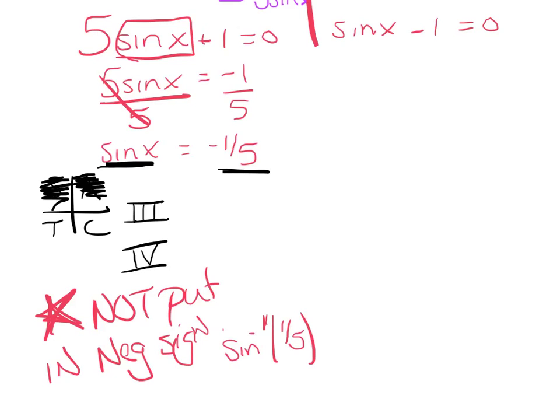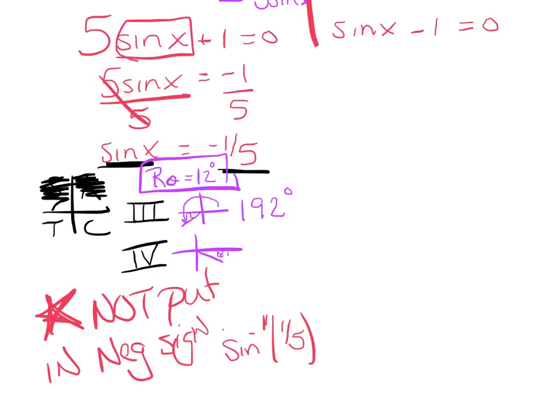And to the nearest degree, I get 12 degrees, which of course is my reference angle. Not my answer, but my reference angle. So how do I go get those? Well, I draw my 12 degrees in the third quadrant, and I ask myself, what is that whole arc that I made? Well, that looks like a 180 plus 12, which is a 192. And then I'll draw my 12 degrees in the fourth quadrant, and I'll say, what is that whole arc? And that would be 360 minus 12, which of course is a 348.